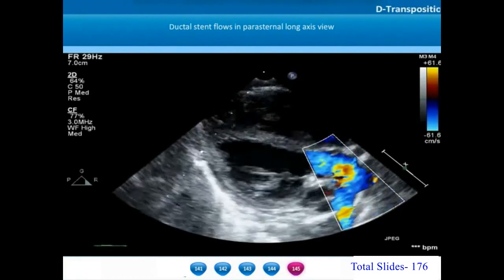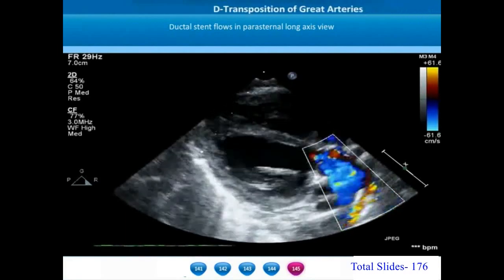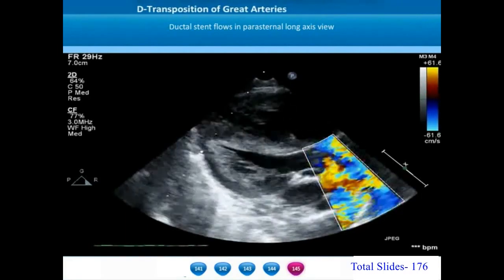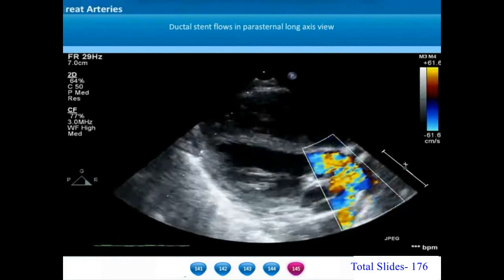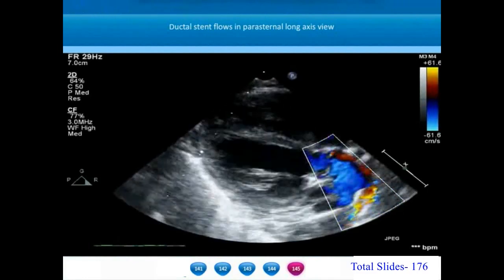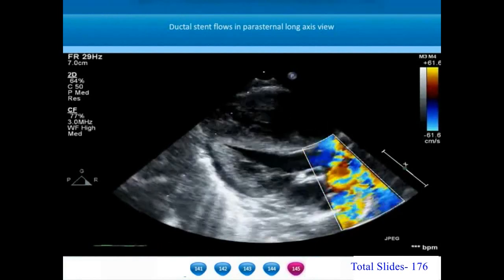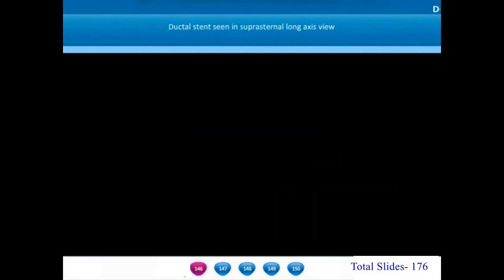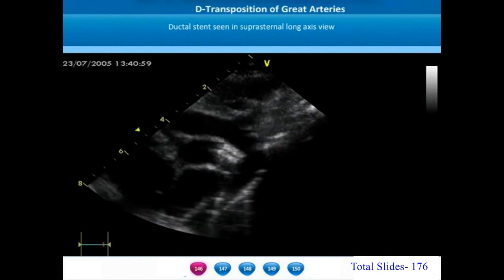In this parasternal long axis view on color Doppler echo, we can notice an abundant flow from the aorta into the pulmonary artery through the ductal stent, and this results in a volume and pressure overloading of the left ventricle, thereby retraining the left ventricle. The suprasternal long axis view of the aortic arch shows the position of the ductal stent.